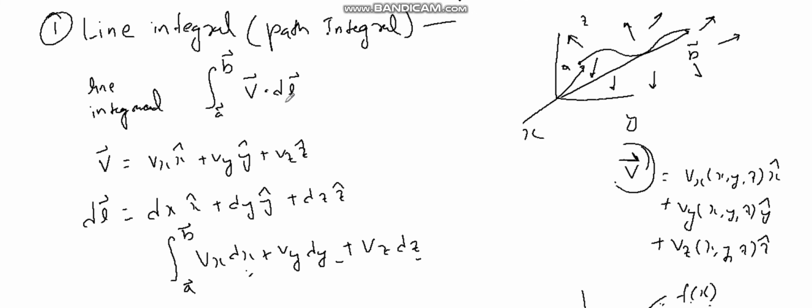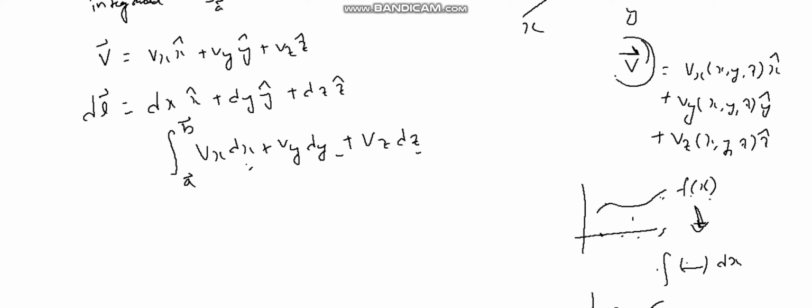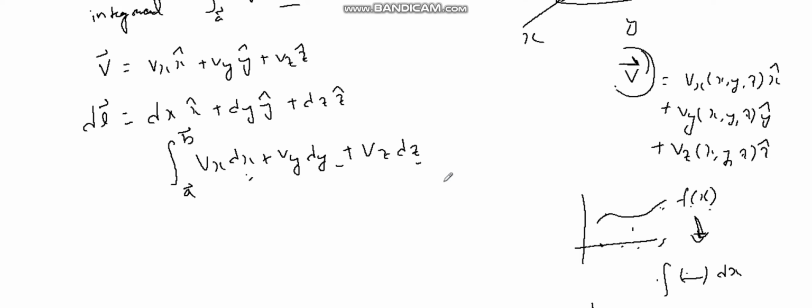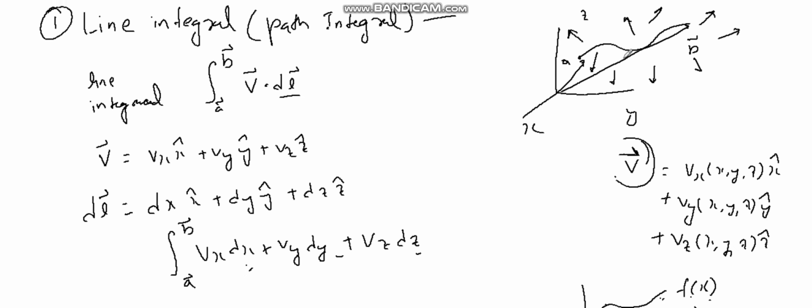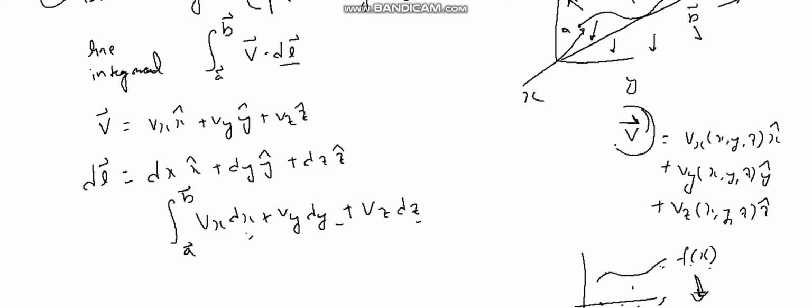That's why we have dl, the infinitesimal displacement vector. So why don't we have a surface integral, a double integration, over here? Because this is only a curve. If it were a surface, then we would definitely have a double integration.